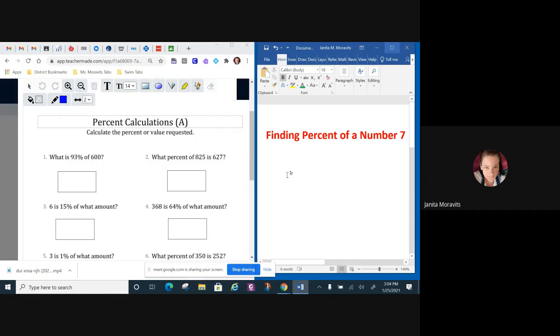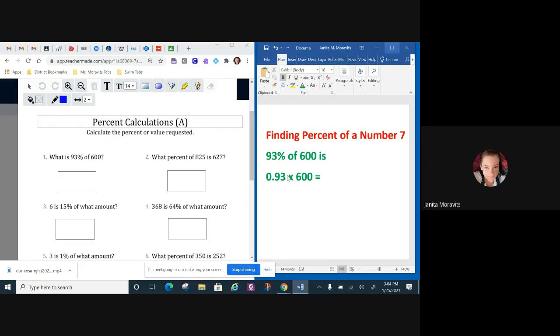Well, on those, all we're going to do is take 93% of 600, so when we write that, we're going to say 0.93 times 600 equals. And then we're going to solve that. You can use your calculator to do so.